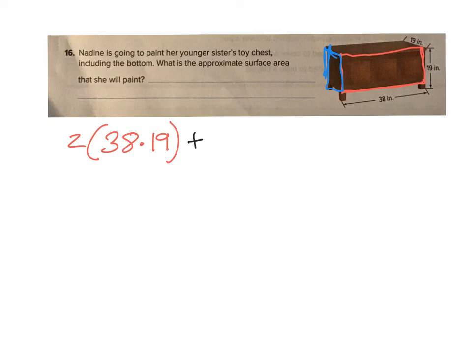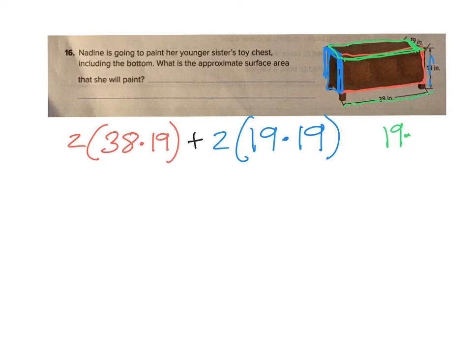I see the top edge here is the same as that, which is 19 inches times, and then I need to go from here to here, and that says it's 19, so it's 19 by 19, and I need 2 of those sides. And then the last thing is the top and the bottom, and I need 2 of them. So this right here is 19 times, and from here to here would be the same as from here to here, so that's 38. And I need 2 of those.